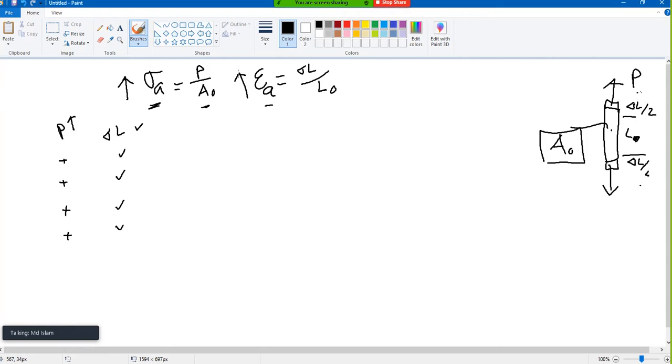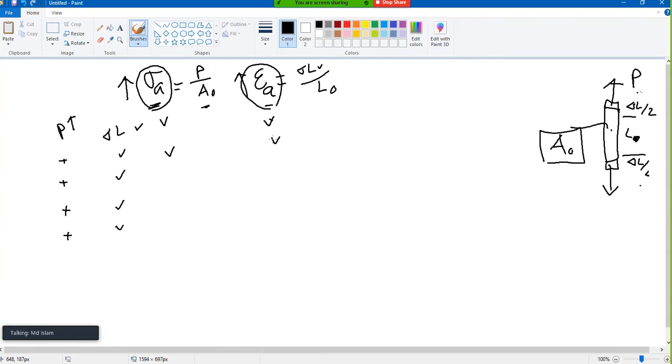So it is not that at a time we apply 10 kip load. Not like this. We go slowly. Apply some load, measure deformation. And when we apply some load, we can calculate the axial stress and calculate axial strain. Apply load again, increase it, calculate axial stress, calculate axial strain.